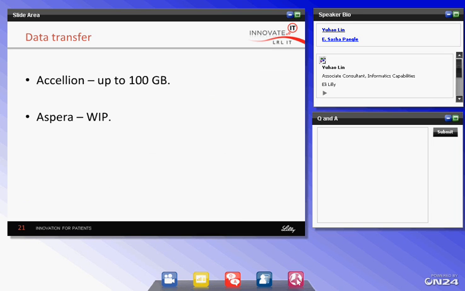So if you want to share data with someone else, you could send them up to 100 gigabytes, which is usually too small for NGS data. The other thing that we're working to bring online is Aspera. This is a high-speed file transfer protocol for transferring data between 2 points, and it supposedly has a nice user interface. But like I said, it is being worked on as we speak.